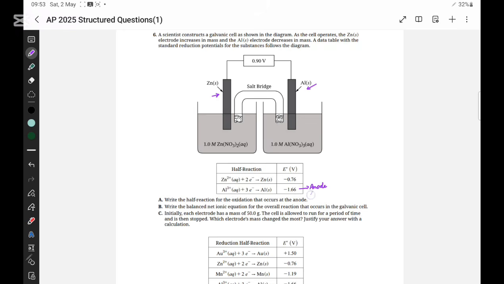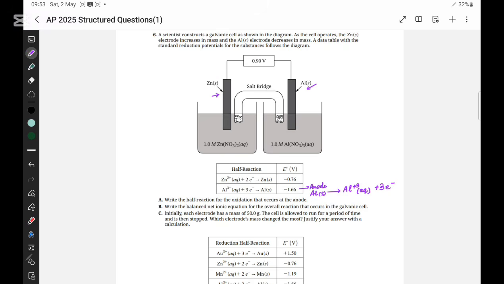For oxidation, we put the electrons on the right-hand side, so this equation will be reversed, and it forms Al3+ in aqueous form plus 3 electrons.